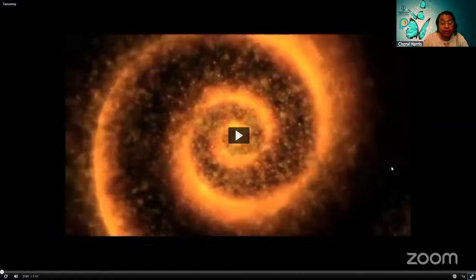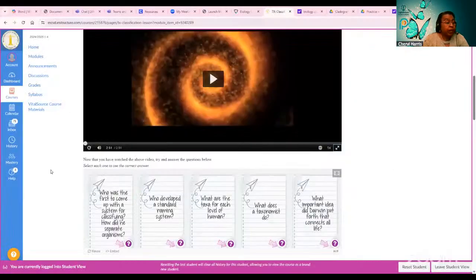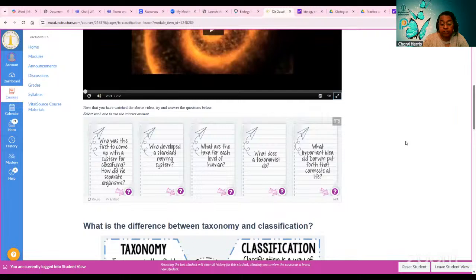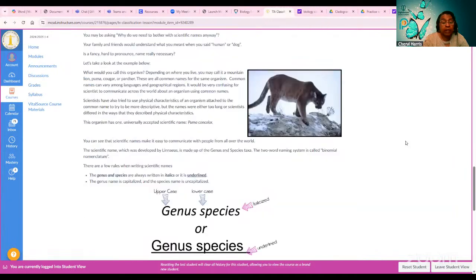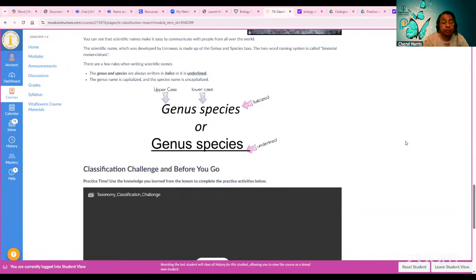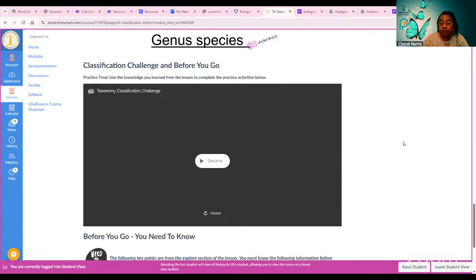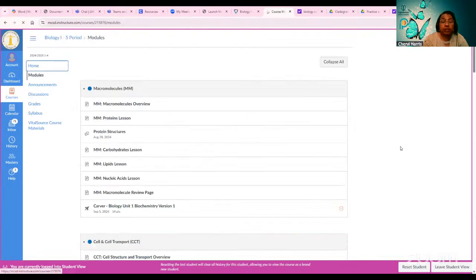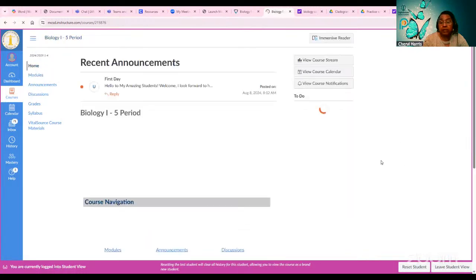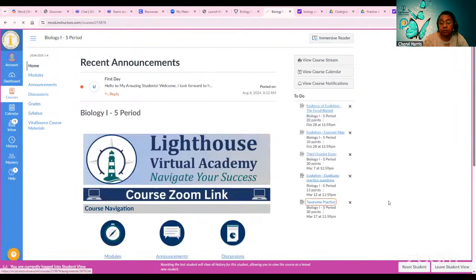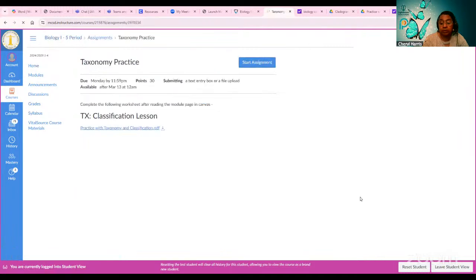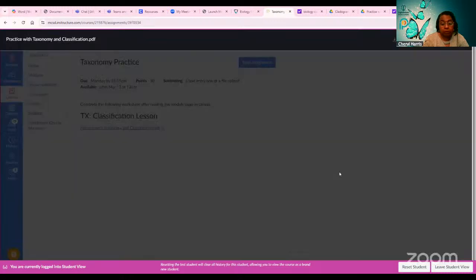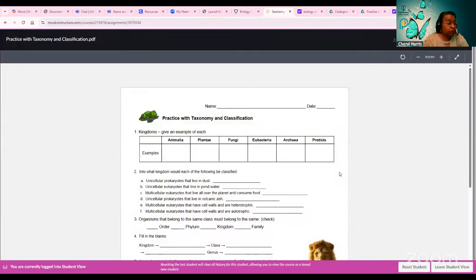All right, so again, go through and read this page through. And when you are finished reading the page through, go back to the home page, download the worksheet, and complete the worksheet and send it back.